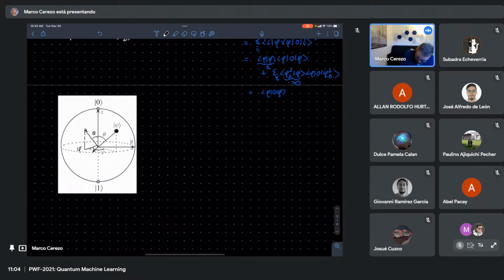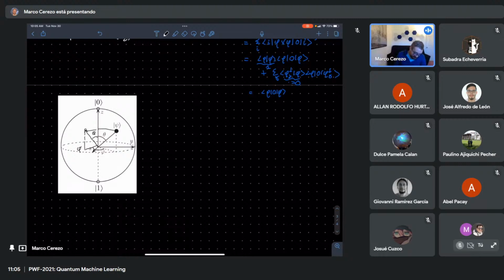Those two have the same overlap with the 0 state, independent of what that phi angle is, that rotation that I'm making about the z-axis. Both of them live in the same part of the north hemisphere at the same height, and hence they have the same probability of being on zero, right?